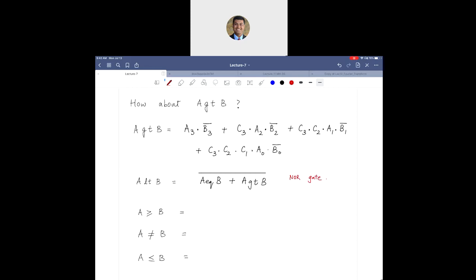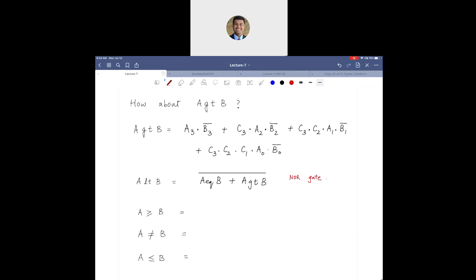Can I also somehow get the other three outputs that could be possible? A greater than or equal to B, A not equal to B, A less than or equal to B. Can I get that somehow using the previous results?